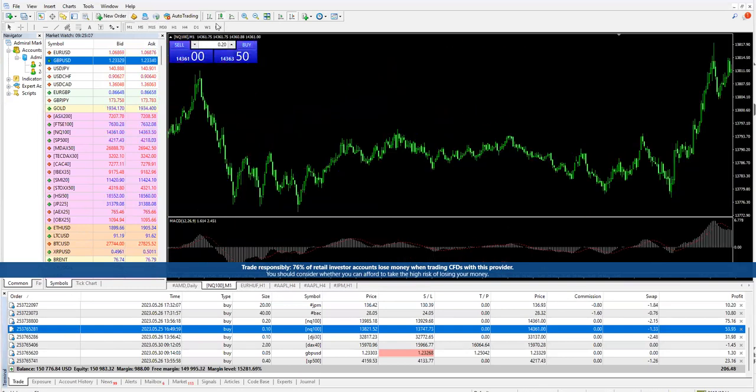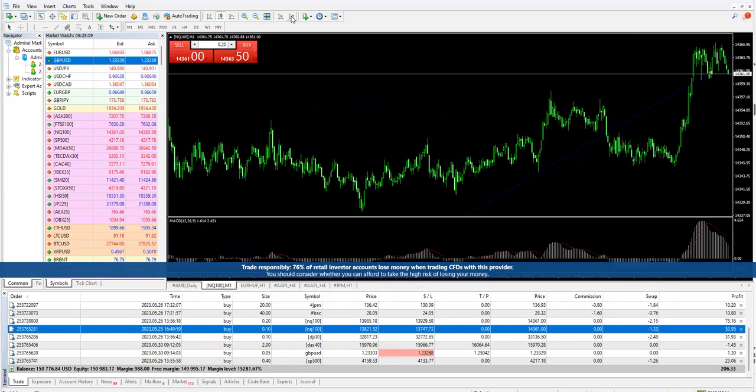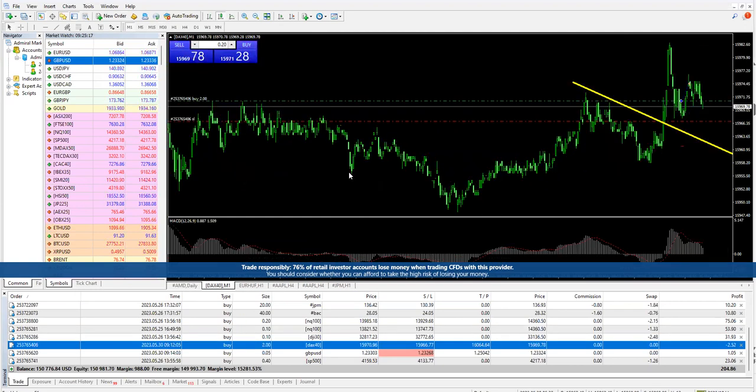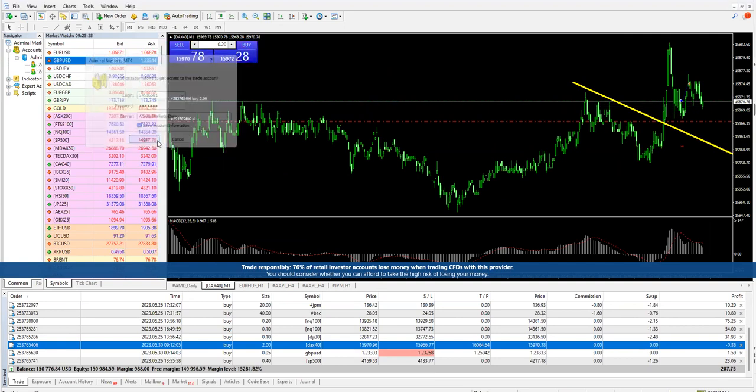Nasdaq M1 chart, double top will come, so maybe I will get a stop loss on the other account. If I go back to the other account, maybe this is in minus, doesn't matter.